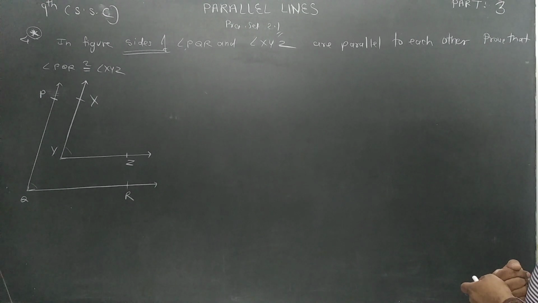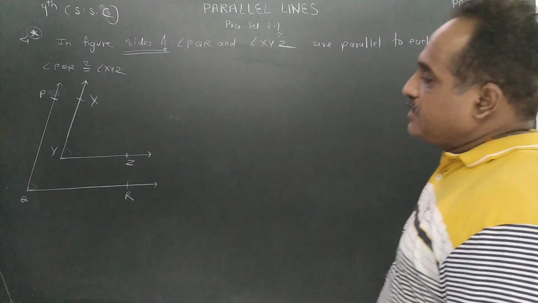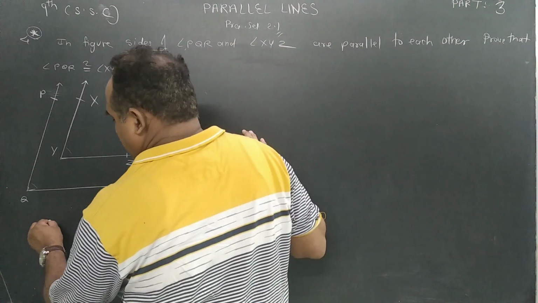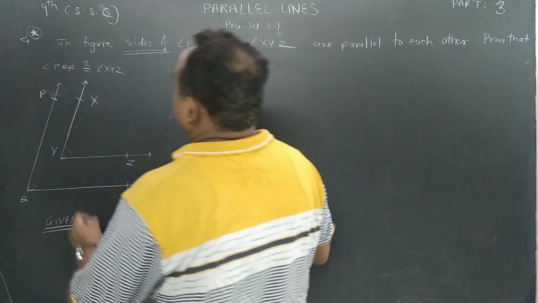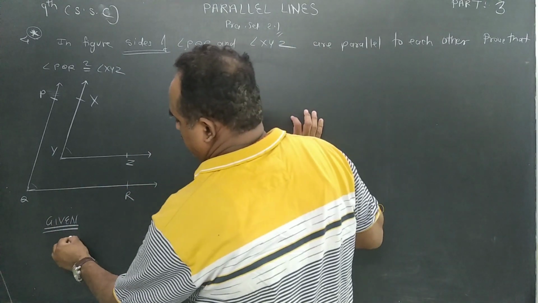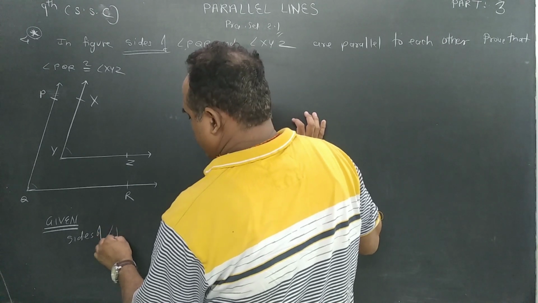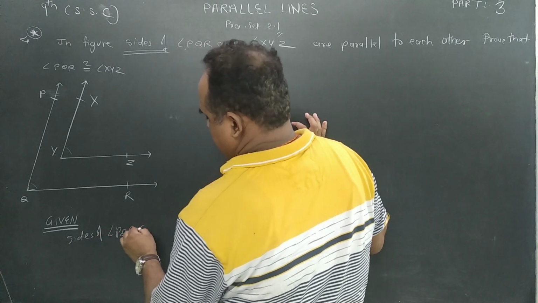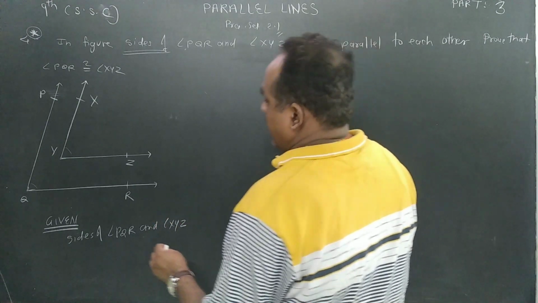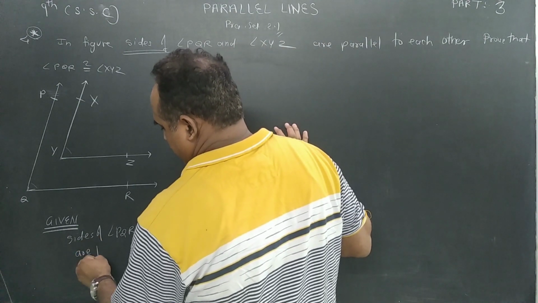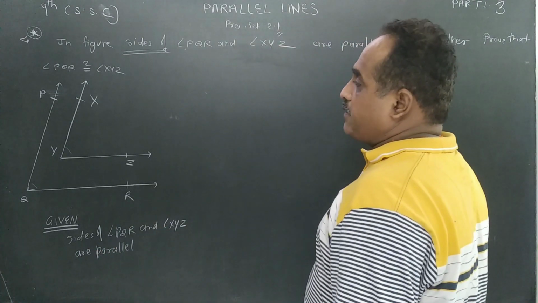Okay, we'll go for this. How will we do it? So first of all, given. What is given to you? Sides of angle PQR and angle XYZ are parallel. Which sides are parallel?